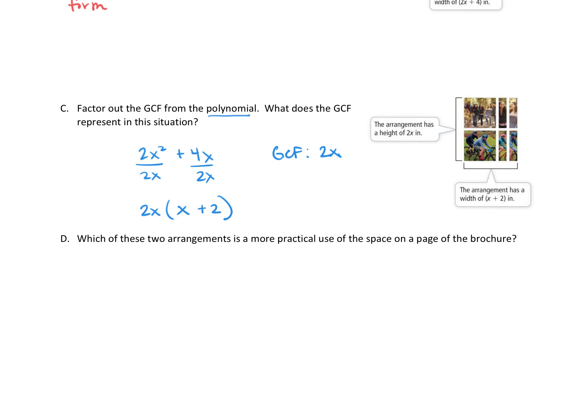So the GCF represents the height of one possible arrangement of the photos.